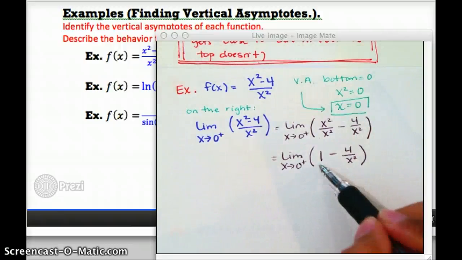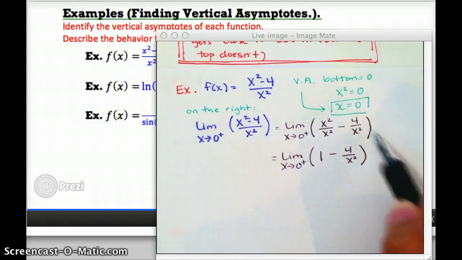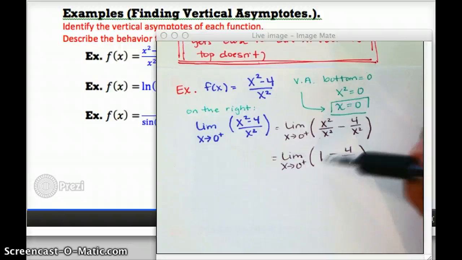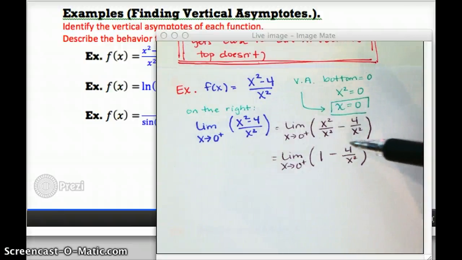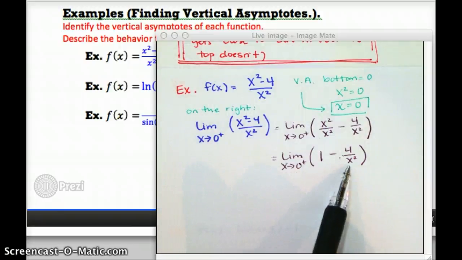And since this limit is defined, this whole limit is going to be something like 1 minus, and this limit right here is negative infinity. Observe that as we plug really small decimals in here, this value on the bottom is going to become very, very small, which means the limit is going to become large.